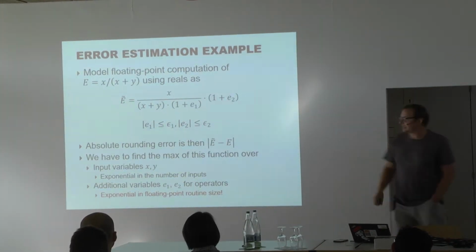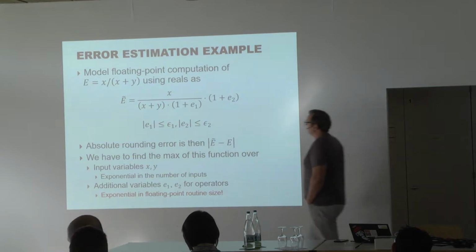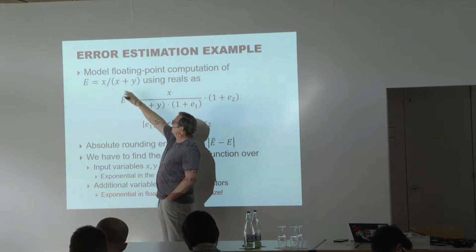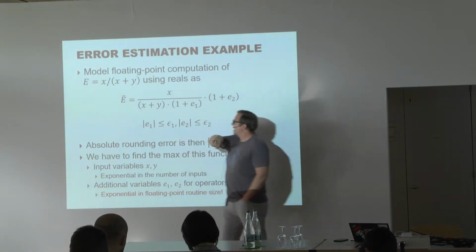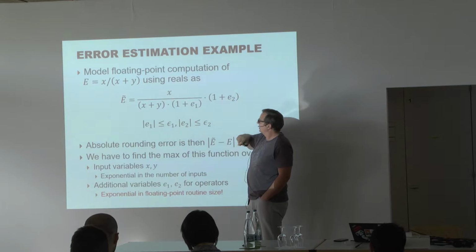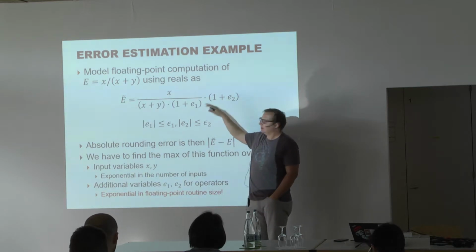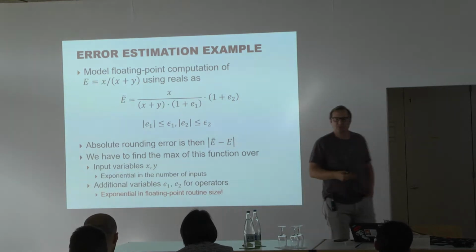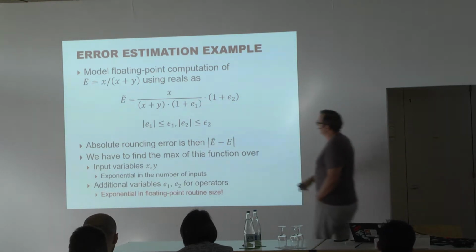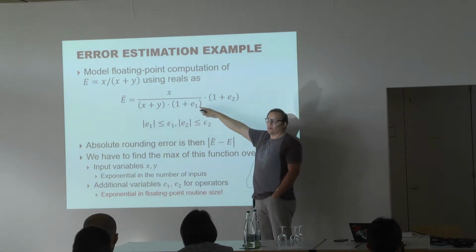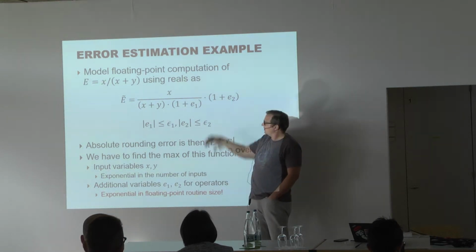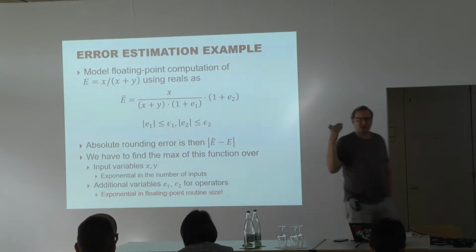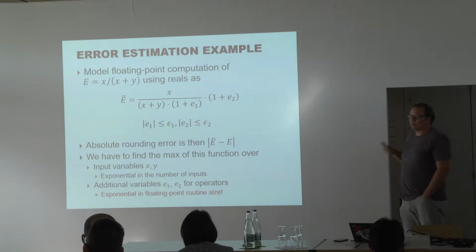So let's look at an example. We have this simple computation: x is divided by x plus y. Now, if we plug in the model, this is the expression we get. This is the expression that captures the floating point error that you can have on the output. And we have to introduce one E per operation, and these E's are bounded by this constant that I showed on the previous slides, and these constants are called machine epsilon.